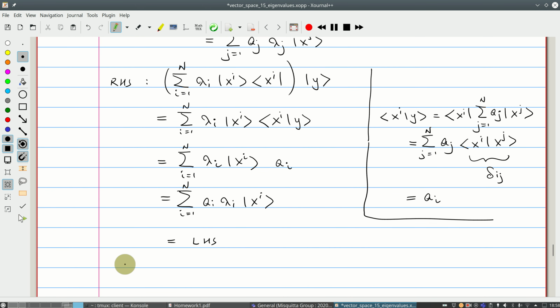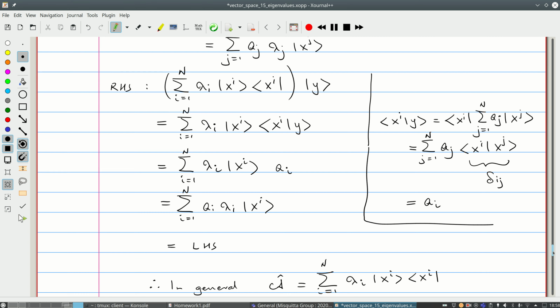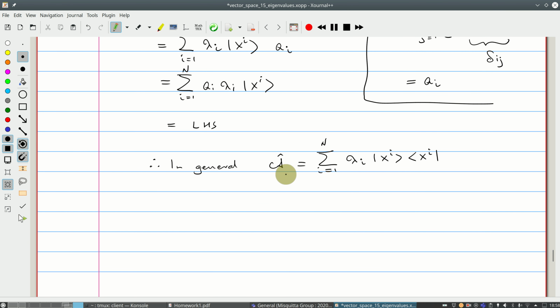Therefore, in general, any operator A can be written as the sum i goes from 1 to n of its eigenvalues times the outer product of its eigenvectors. Great, right? I mean, any normal operator. Now, because it applies to any normal operator, this applies to any Hermitian operator, any unitary operator, etc. It just goes on. Cool, huh?